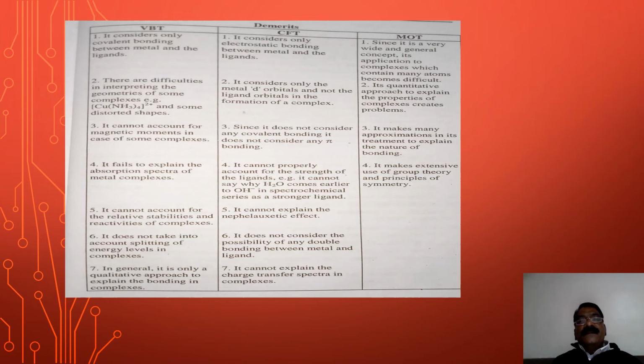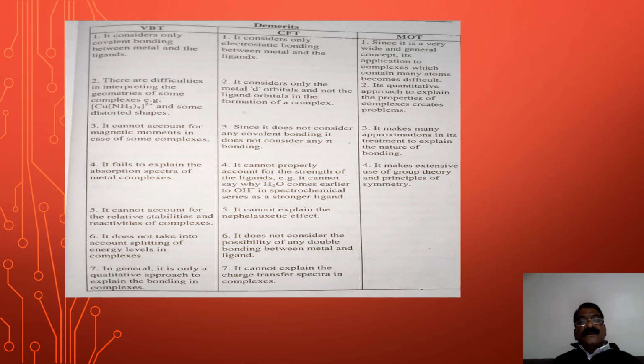Demerits of CFT. First, it considers only electrostatic bonding between metal and the ligand. Second, it considers only the metal d orbitals and not the ligand orbitals in the formation of complexes.